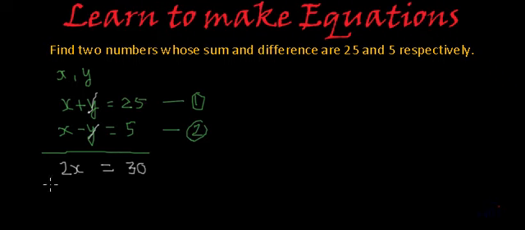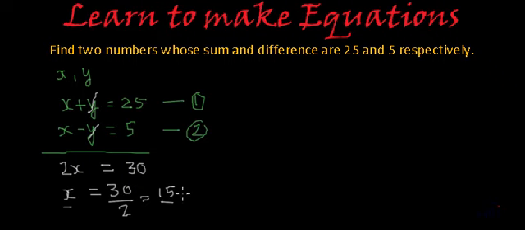And from here, if we divide both the sides by 2, in the left hand side we will get x and the right hand side will be equal to 30 by 2, and this will be equal to 2 ones are 2, 2 fives are 10. So the value of x is 15, right?